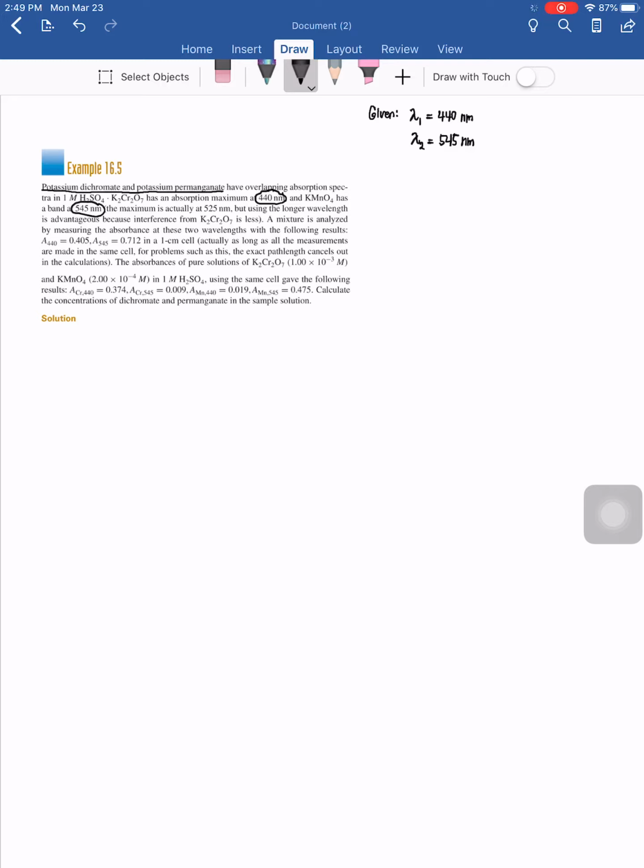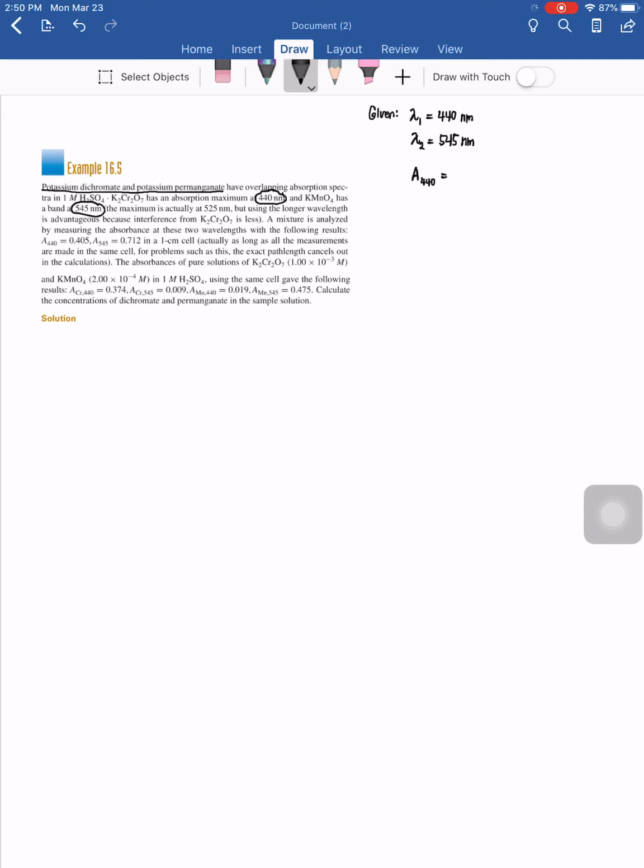Now the mixture of the two is being analyzed by measuring the absorbance at these two wavelengths with the following results. If we were actually able to use the spectrophotometer, we can set the wavelength of light that it is emitting to our sample to 440 nanometers, shine it into our solution, and let the spectrophotometer measure the absorbance.